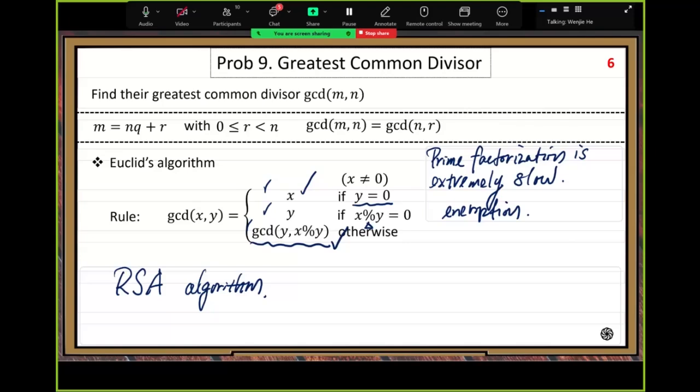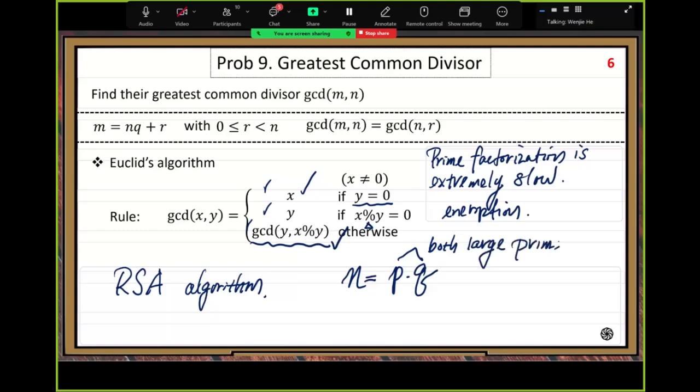Assume a given integer n equals p times q, where p and q are both large primes.